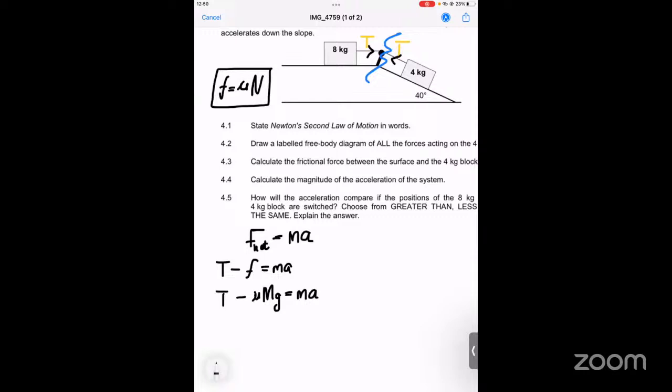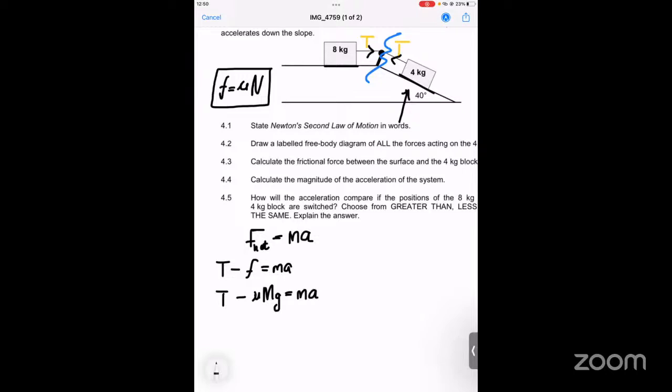Yes, sir. So something that you need to remember is that the acceleration on the 8 kg is the same as the acceleration on the 4 kg. Whatever you do there, it's just to make T the subject of the formula. You do the same there and make T the subject of the formula so that you will equate them together, and then you solve for acceleration.